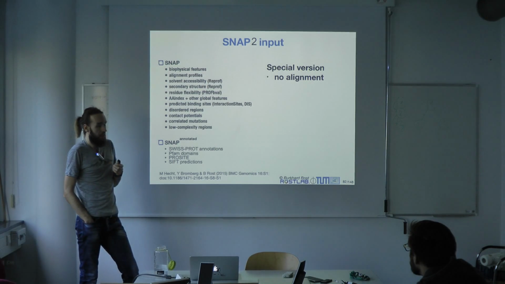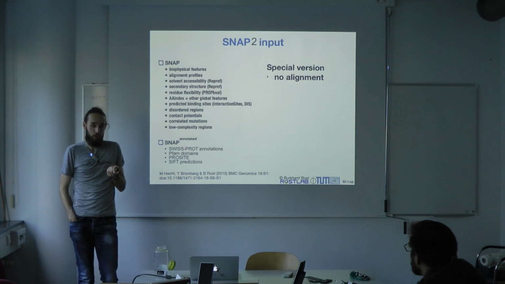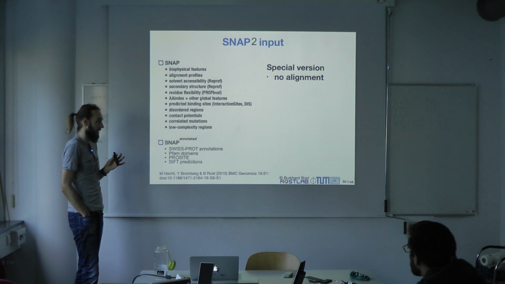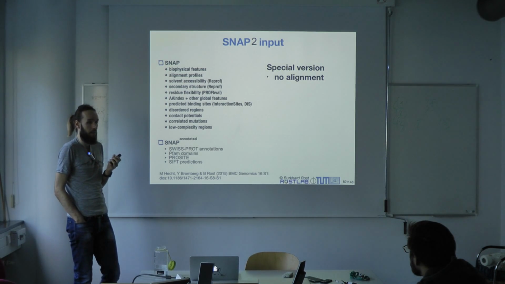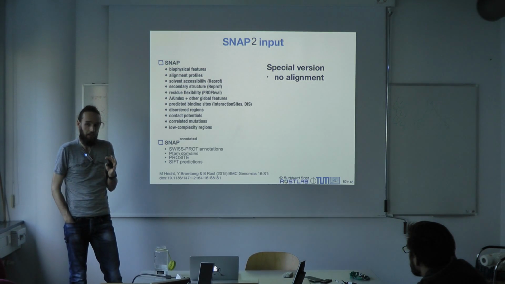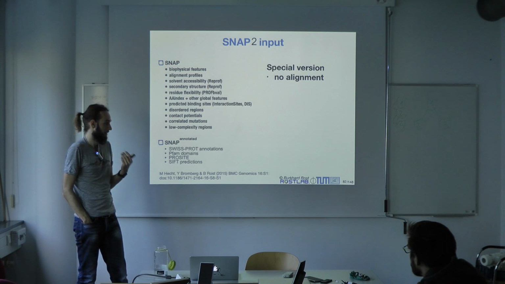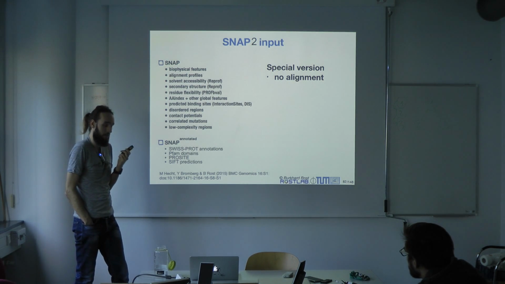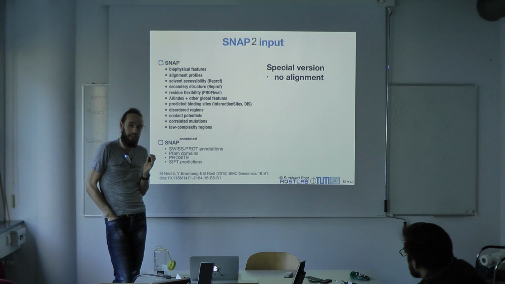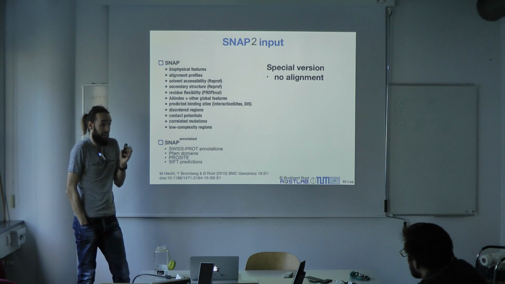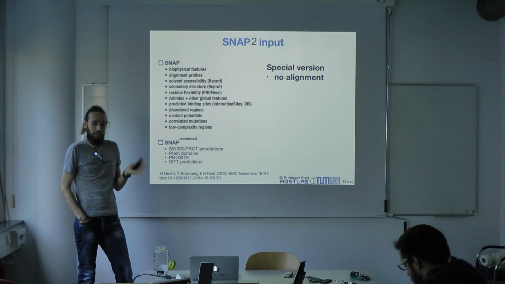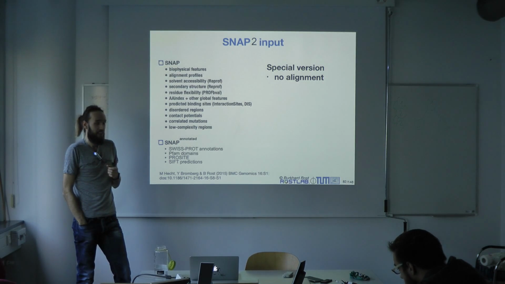He very much increased the set of input features. The idea is still the same though, so these are all things you can calculate from the sequence. It's just different prediction methods and indices, annotations of amino acids, how strongly they tend to bind, and all of this you put in. But the basic idea is the same.